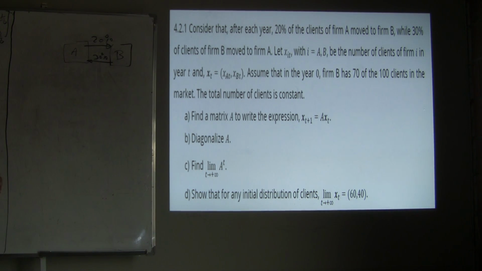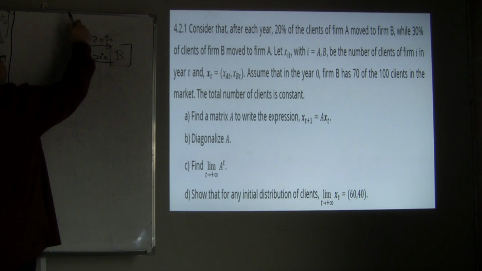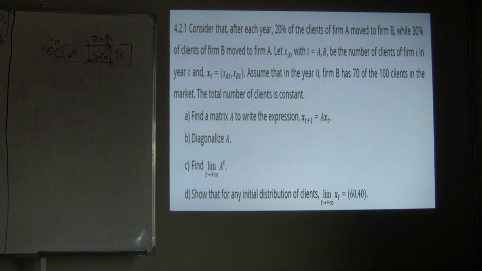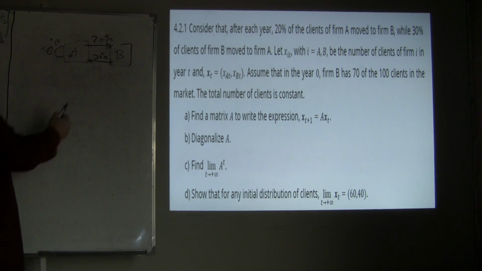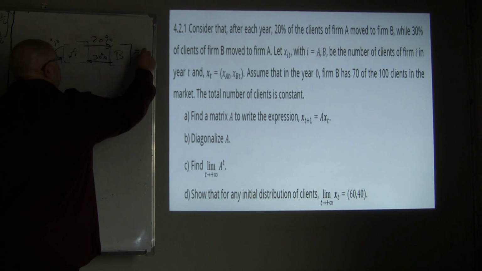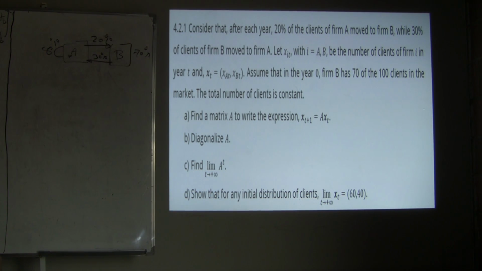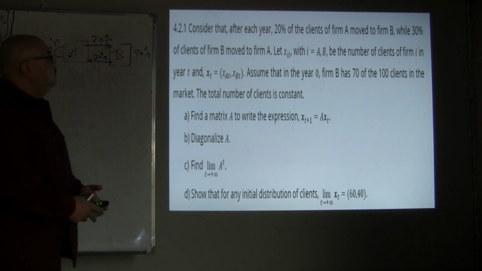By the idea, I can complete the model. This is 20% of the clients moving from A to B, so you will have 80% of the clients remaining with A. And for B, if 30% moves to A, then you will have 70% of the clients remaining with the same company.